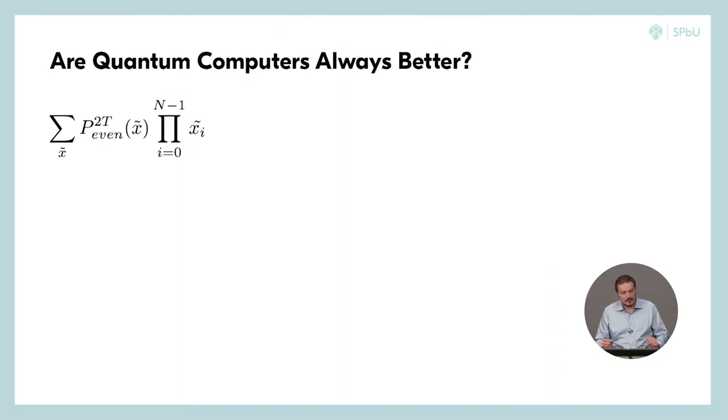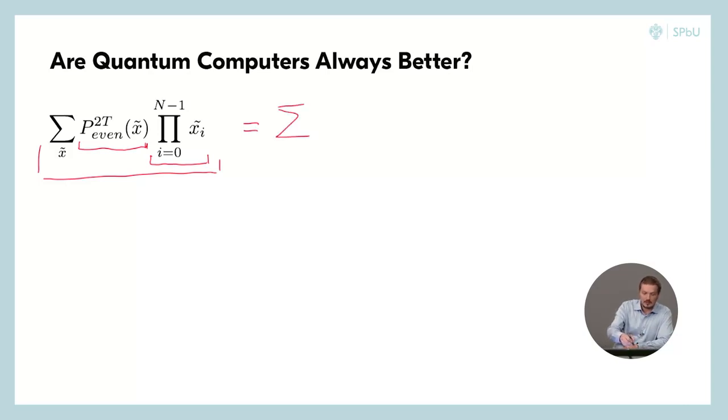Now let's consider this expression. We take this probability of the answer that the function is even, multiplied by the real parity of the function, and we take the sum over all possible functions. Let's split this sum by some index j, like this.